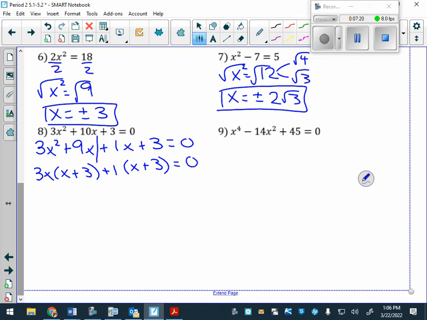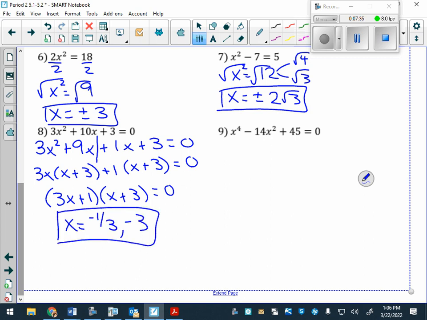Okay. Group together your outside in one of your parentheses. Now, it's set equal to 0. So you're not done until you solve. So you have x equals negative 1/3 and negative 3 as your 2 answers. Okay? How many of you did get those? Good. All right, number 9. What are the solutions? Louise.